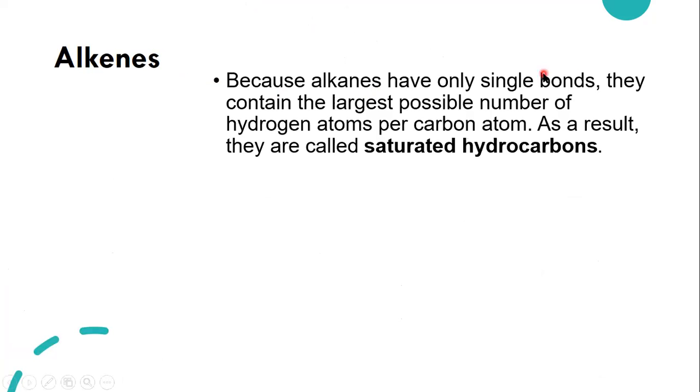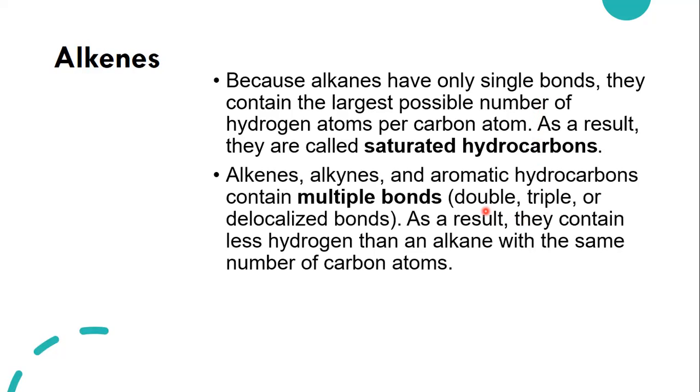From the previous lesson, alkanes only have single bonds, so they contain the largest possible number of hydrogen atoms per carbon atom. As a result, alkanes are called saturated hydrocarbons. Since alkenes, alkynes, and aromatic hydrocarbons contain multiple bonds like double, triple, or even delocalized bonds, they contain fewer hydrogens than an alkane with the same number of carbon atoms.